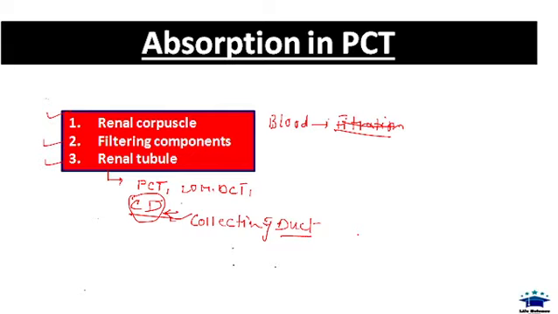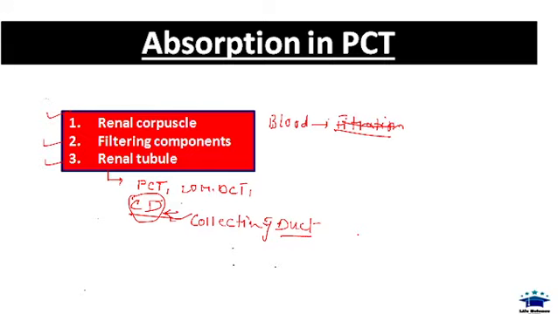So let's move forward. The renal tubule can be divided into components: PCT, loop of Henle, DCT, and collecting duct. PCT has a high capacity for reabsorption, a vital capacity. Maximum reabsorption takes place in this part. In the DCT, the distal convoluted tubule, there is conditional reabsorption.